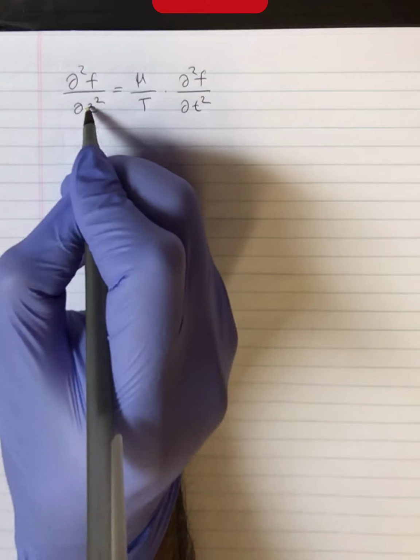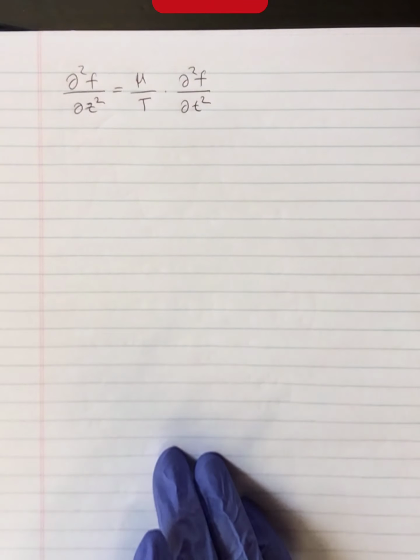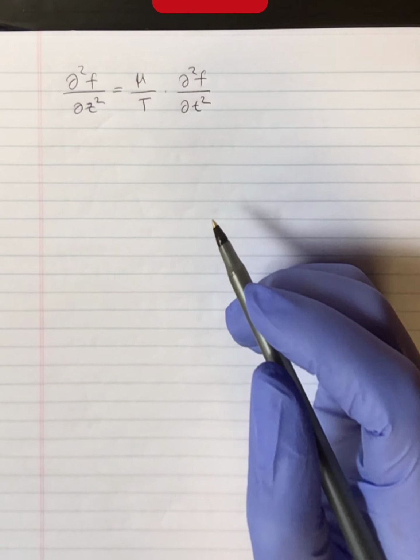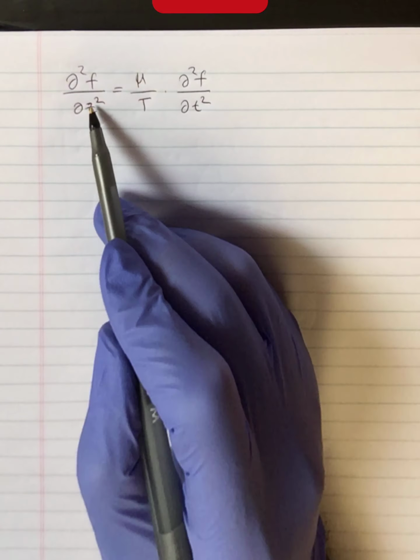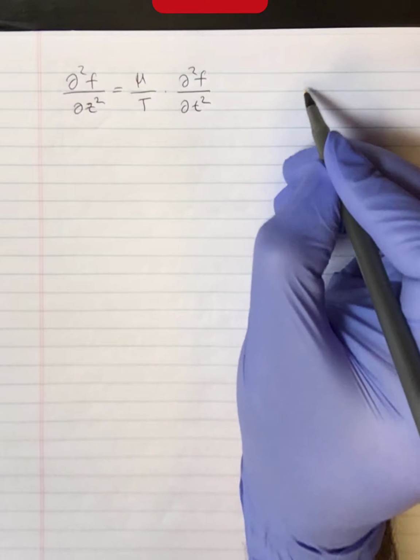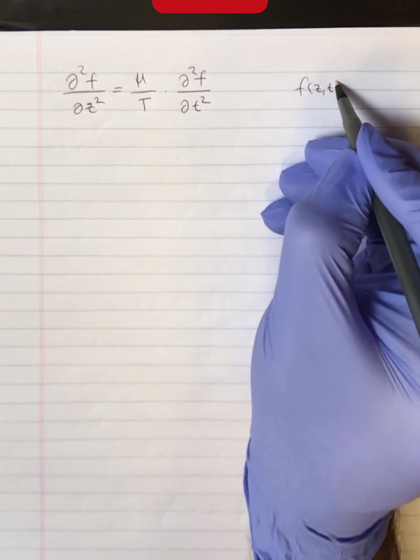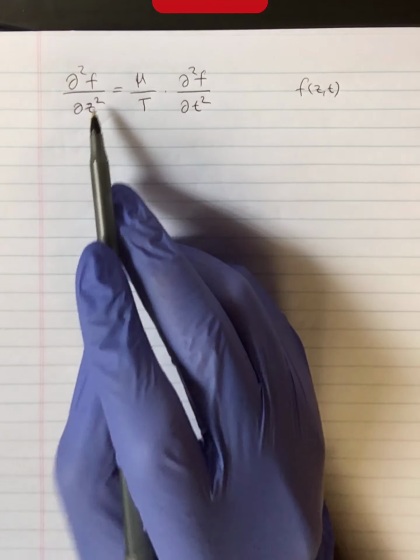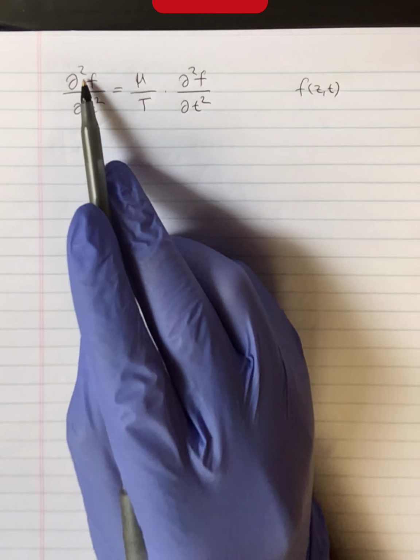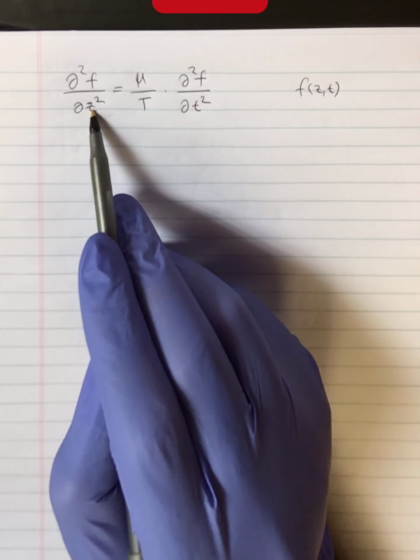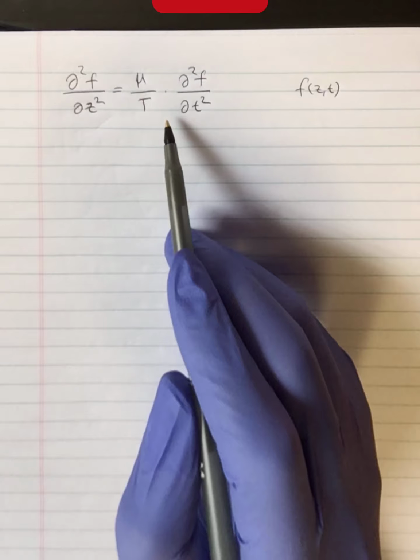Okay, this should be z squared as well. So now if you look at this differential equation, again, F is a function of z and t, it's a second order differential equation. One side is with respect to z, the other side with respect to t.